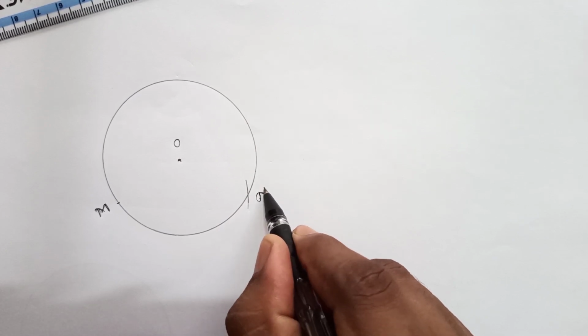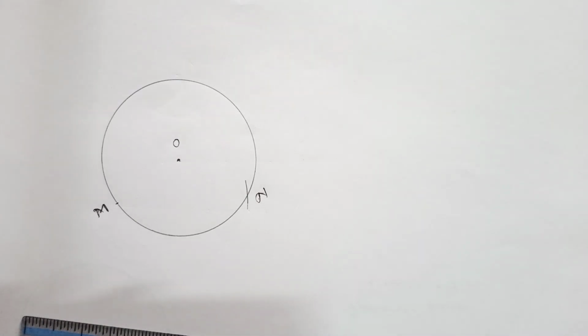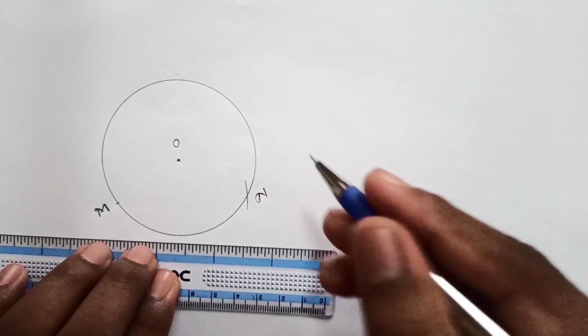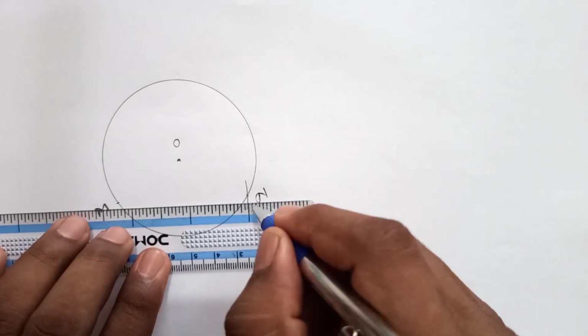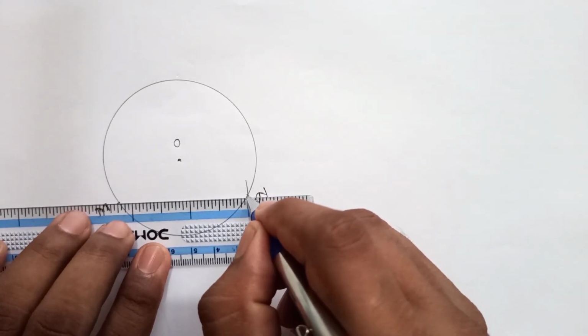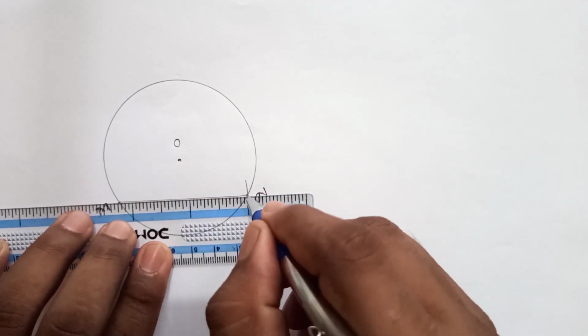Okay, so let's draw that chord MN with the help of a pencil. Which is the point of intersection? This one is here. So let's join this point M and N like this way.